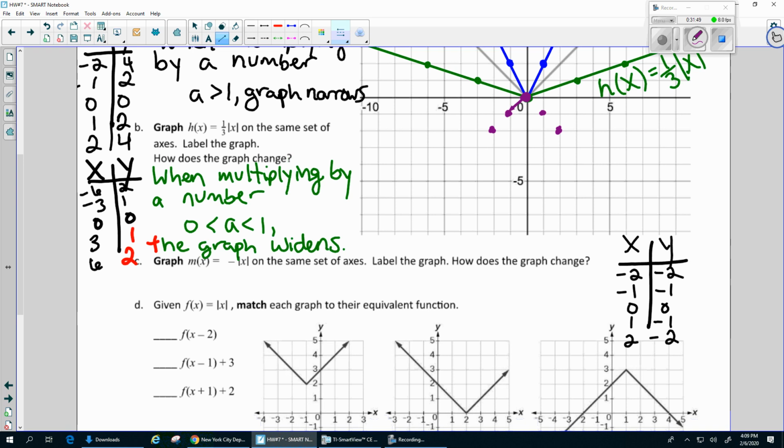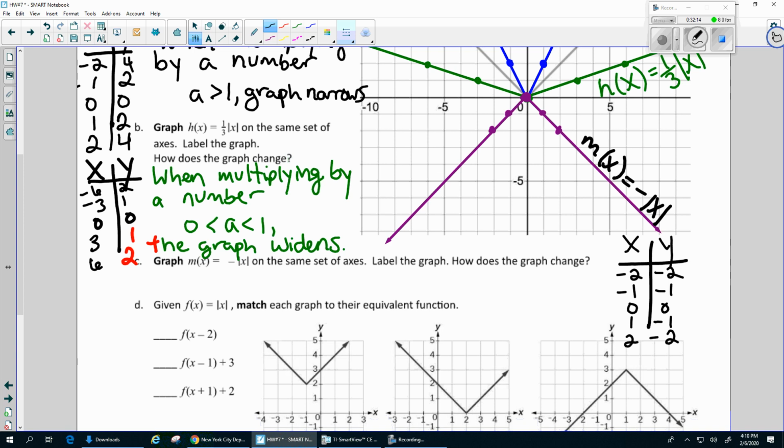And I'm going to draw a straight line and extend it through the coordinate plane. And then I'm going to label my graph. m of x is equal to negative absolute value of x.